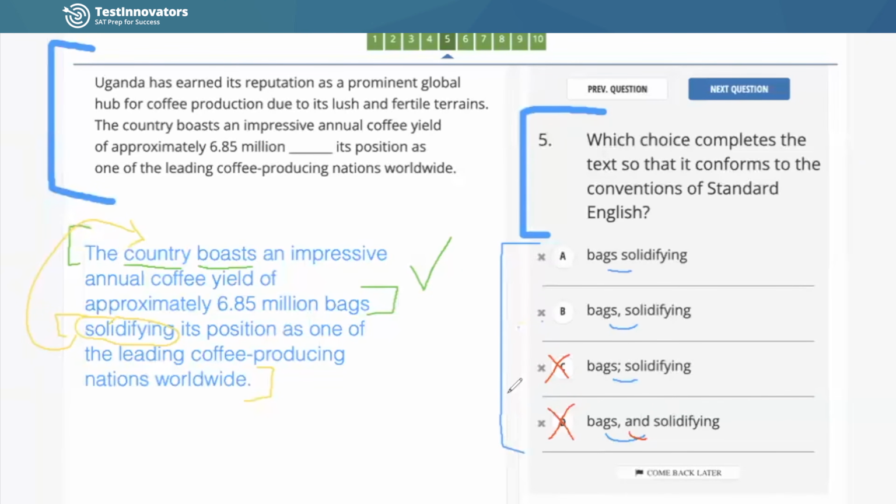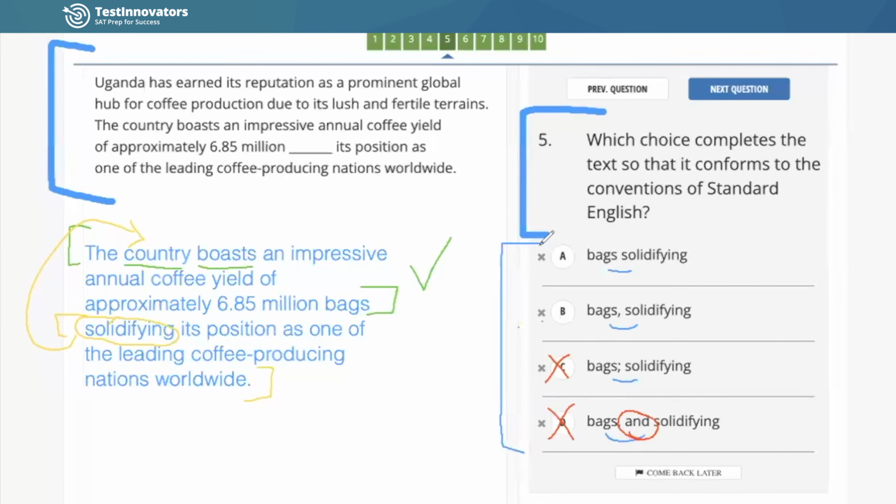The combination of a comma and the coordinating conjunction and would be used to connect two independent clauses. And as we've discussed, a participial phrase is not an independent clause. So choice D is out as well, which leaves us with choice A and choice B.